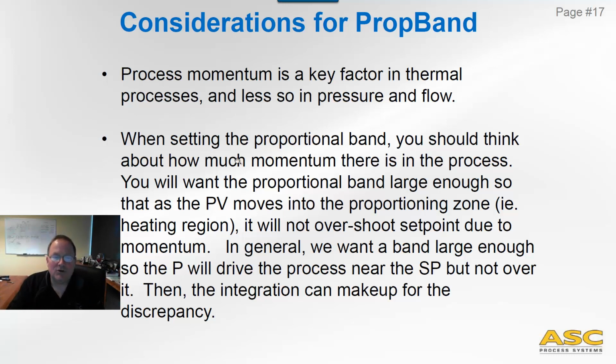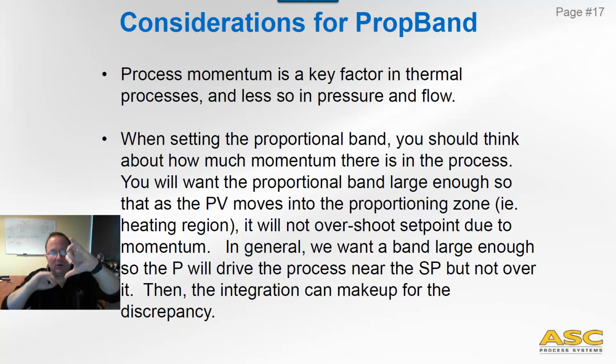When you're setting the proportional band, when you're sizing it, you should think about how much momentum there is in this process, and you'll want to size that proportional band large enough so that as that PV moves into the proportioning zone and begins to kick back, it will not overshoot set point. So if I have a small proportional band and I'm heating at full heating, 100%, and then I only have a small region to slow down, then it's going to fly over set point.